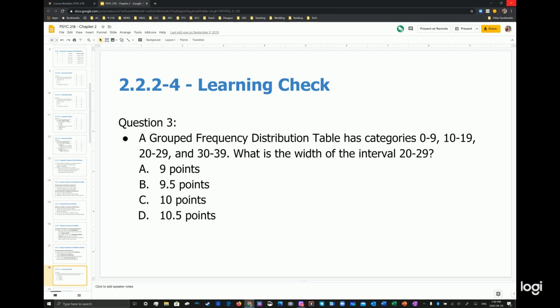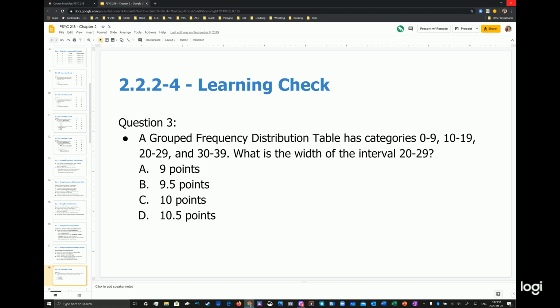So for us to check if you understood this, and to try one more time looking at group frequency distributions for continuous variables, here's a learning check that will help us tie in here. The question is, a group frequency distribution table has categories of 0 to 9, 10 to 19, 20 to 29, and 30 to 39, just like we worked with in this chapter so far.